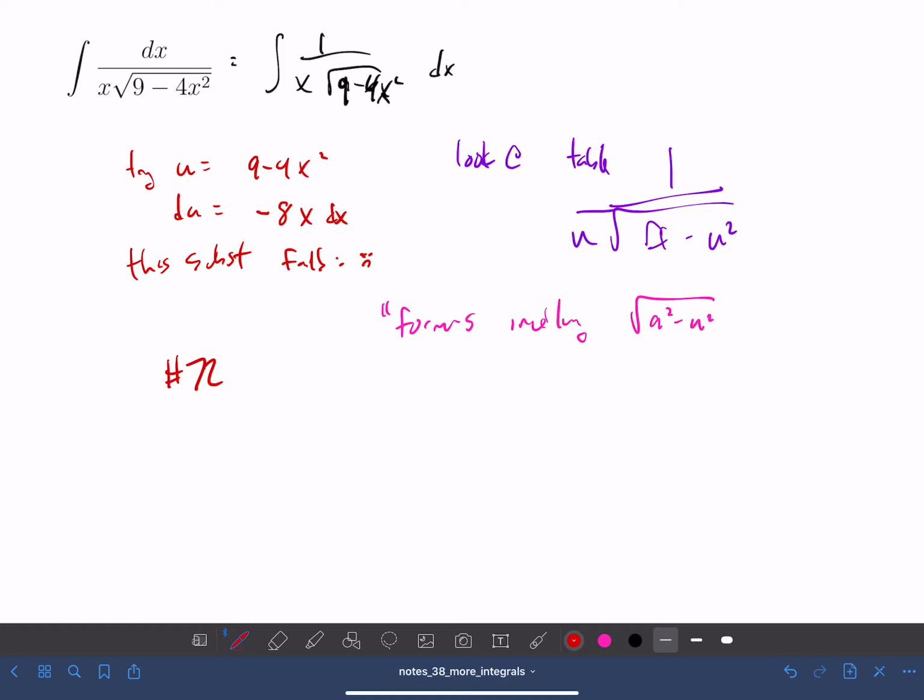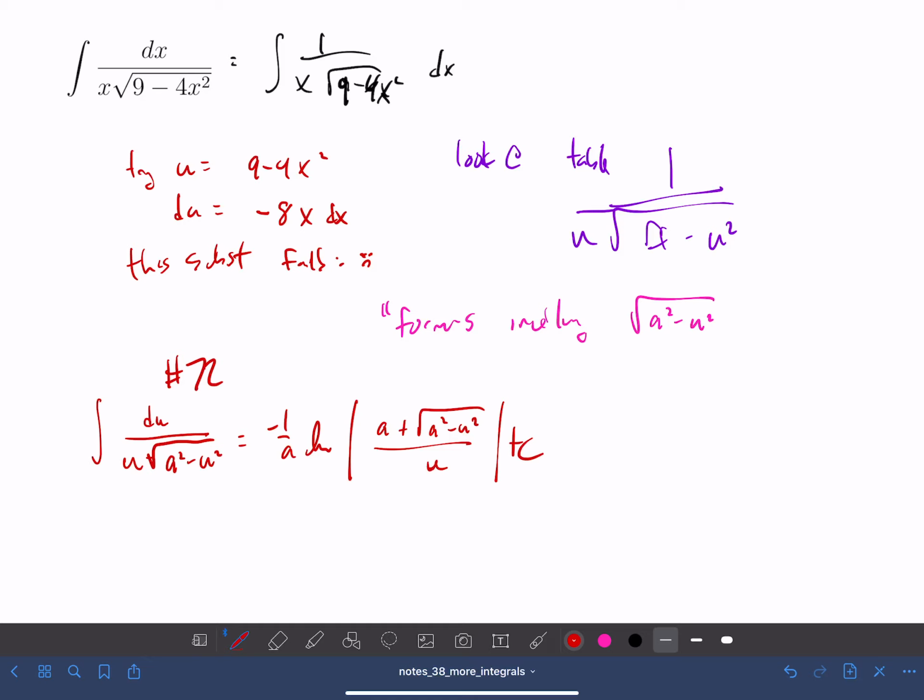Number 72 says that the integral of du over u times the square root of a squared minus u squared equals minus 1 over a times the natural log of the absolute value of a plus the square root of a squared minus u squared over u, plus some constant c.